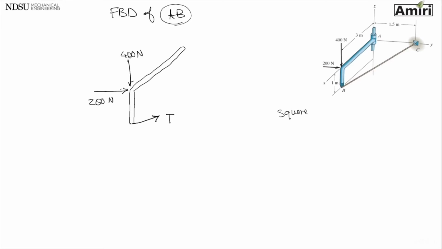square rod, I'm going to have my X, Y, Z, moment X, moment Y, moment Z. Alright, let's go one by one. Does this move in X direction? No. Does this move in Y direction? No, it's fixed. Does it move up and down?